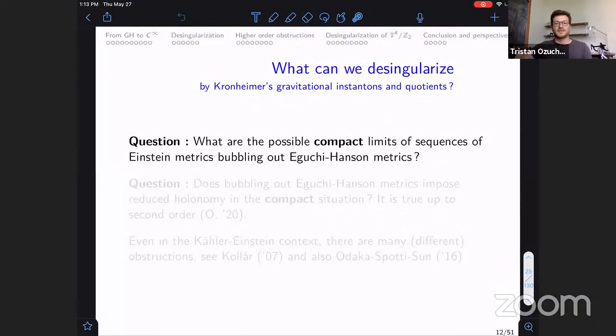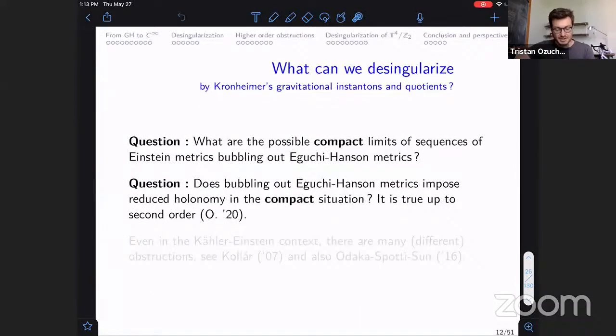Now we cannot desingularize everything, so what can we desingularize? Let's say by Kronheimer instantons, and even more precisely, let's just look at Eguchi-Hanson. What can we desingularize by Eguchi-Hanson metrics? That's a question studied by Brendle and Kapouleas, and I'll also try to look at this in different contexts.